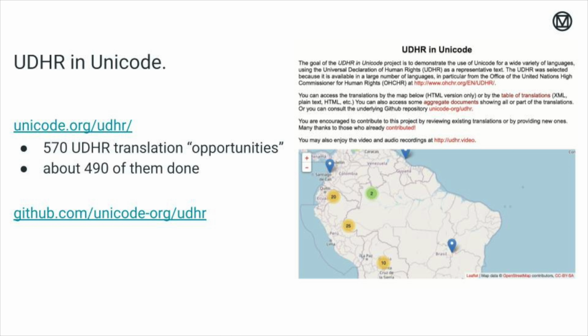The UDHR was selected because it is available in many languages. UDHR in Unicode is an open source project. We are encouraged to review existing translations or provide new ones. If you know a language, you can contribute.